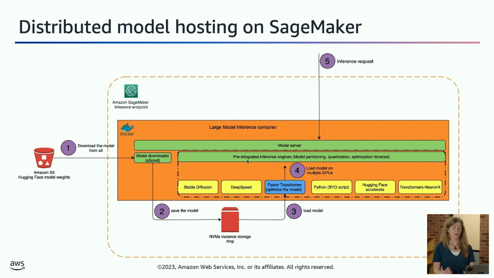And so we'll partition the model using those, and then that result goes into the model server, which can then handle inference requests. So inference requests interact with the model server, which then wraps the partitioned model, the model that's partitioned on multiple GPUs, and there you have it. That's distributed model hosting on SageMaker.